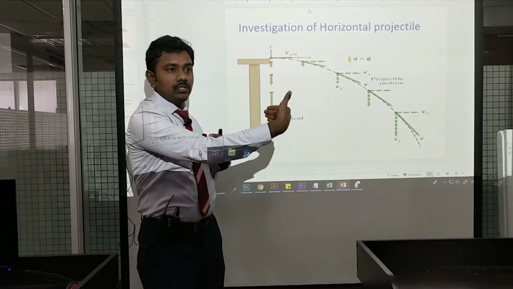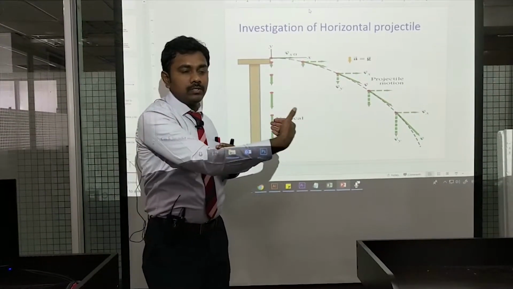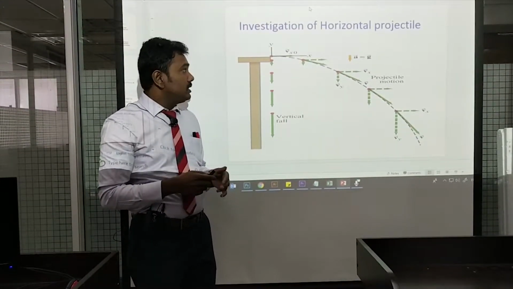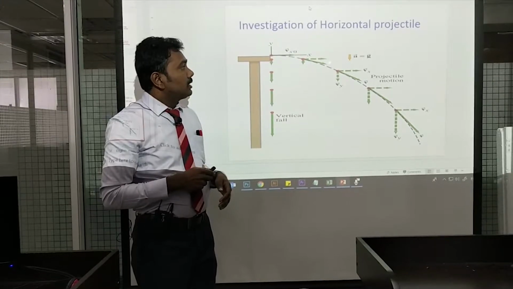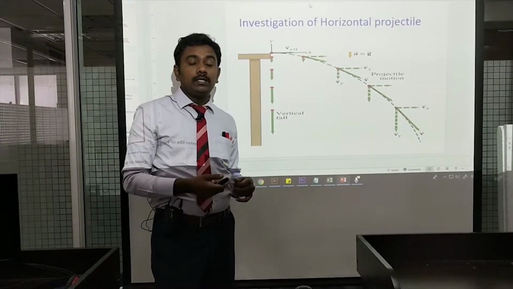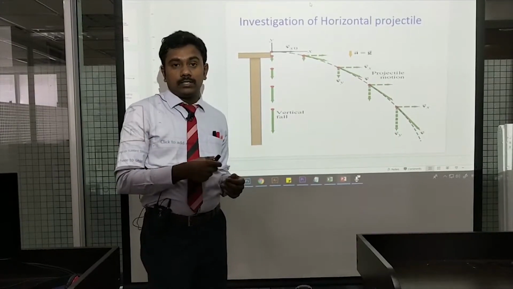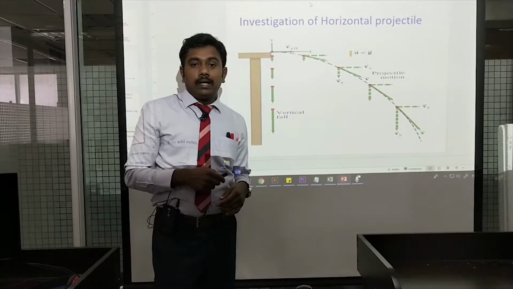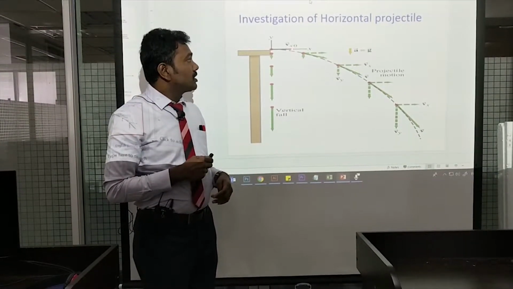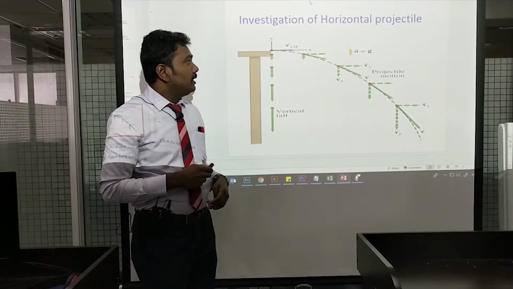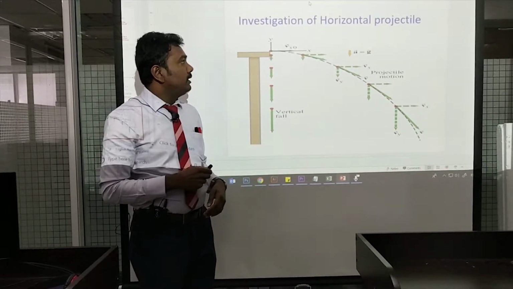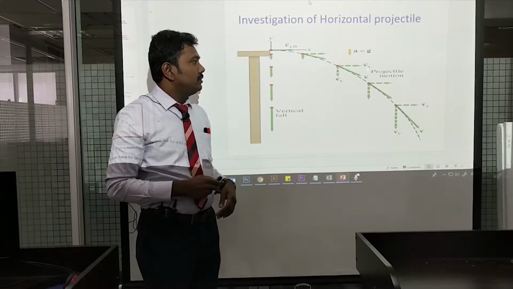So in the horizontal direction there is no resultant force. From Newton's second law, since the resultant force is 0, there is no acceleration in the horizontal direction. That is why the projectile maintains uniform velocity horizontally, so Vx is uniform.